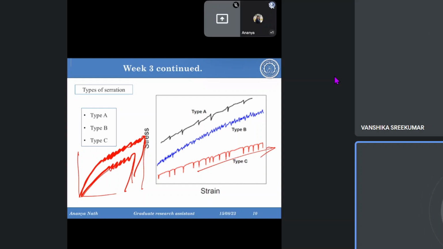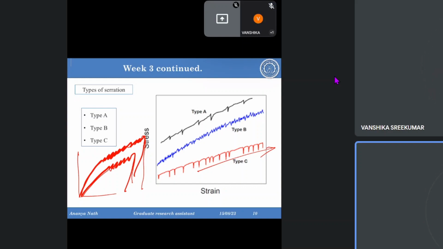The dislocations cannot find enough time to move. That is why the solute atoms can easily be seated in that position in front of the dislocation. Okay, ma'am, got it. If you have any other doubt, you can always ask. No, ma'am, it's clear now.